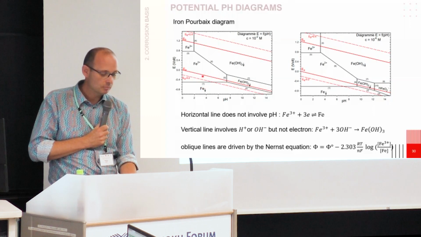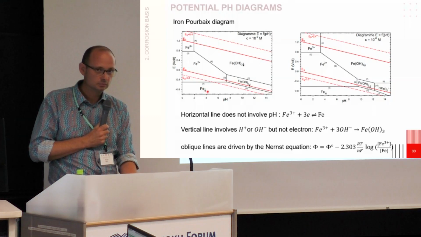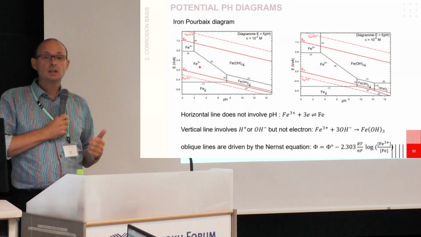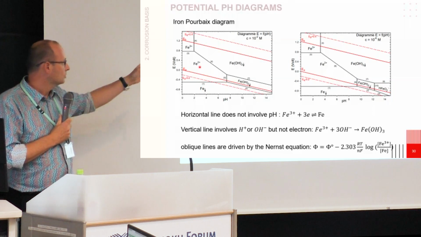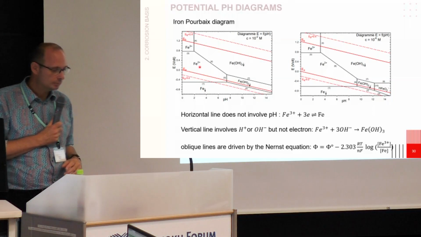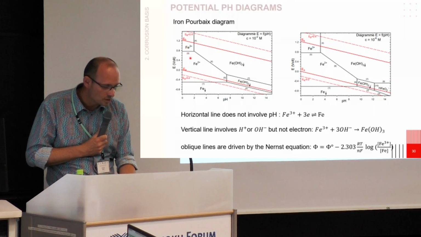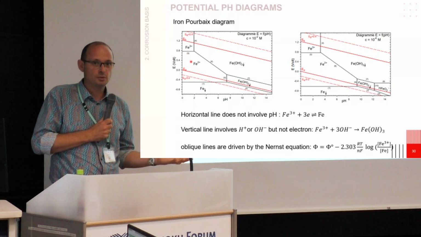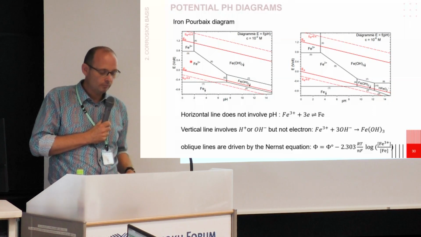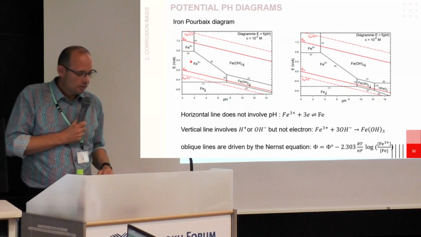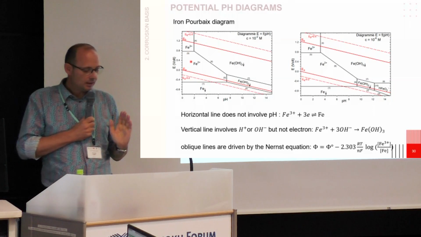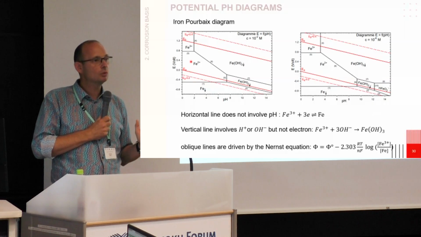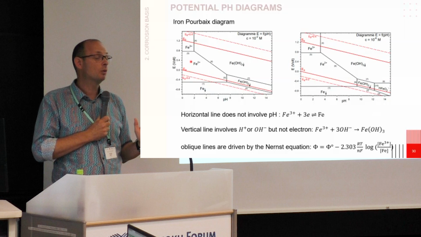And this boundary defines iron metal to ionic iron, so Fe2+. And you have another one, here, where Fe2+ can become Fe3+. The vertical lines are not electrochemical reactions anymore, they are chemical reactions.